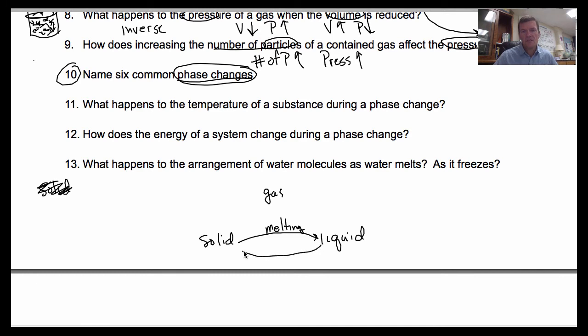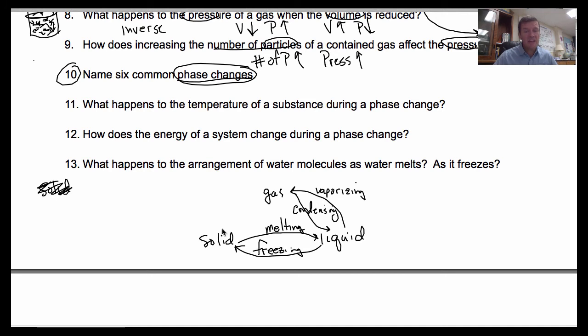If a liquid turns back into a solid, that is freezing. If a liquid turns into a gas, we call that evaporating or vaporizing. If a gas turns back into a liquid, that is condensing or condensation.